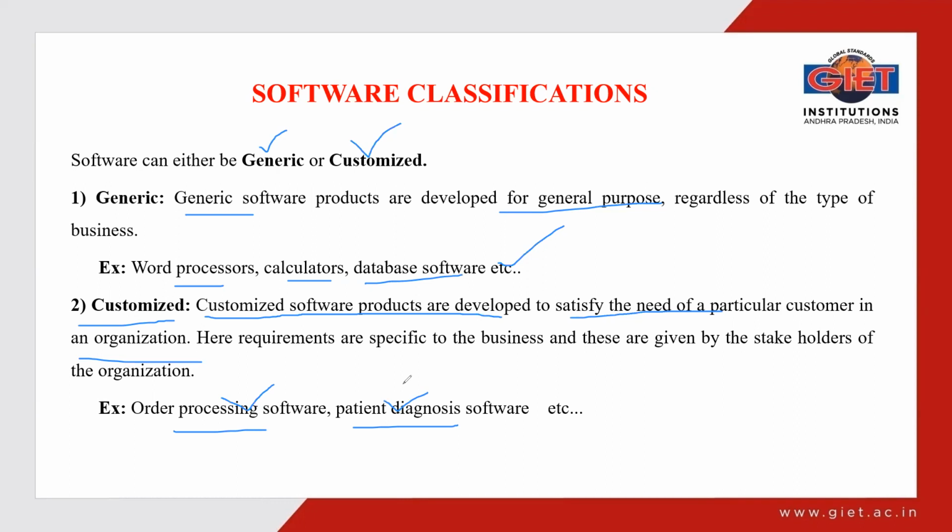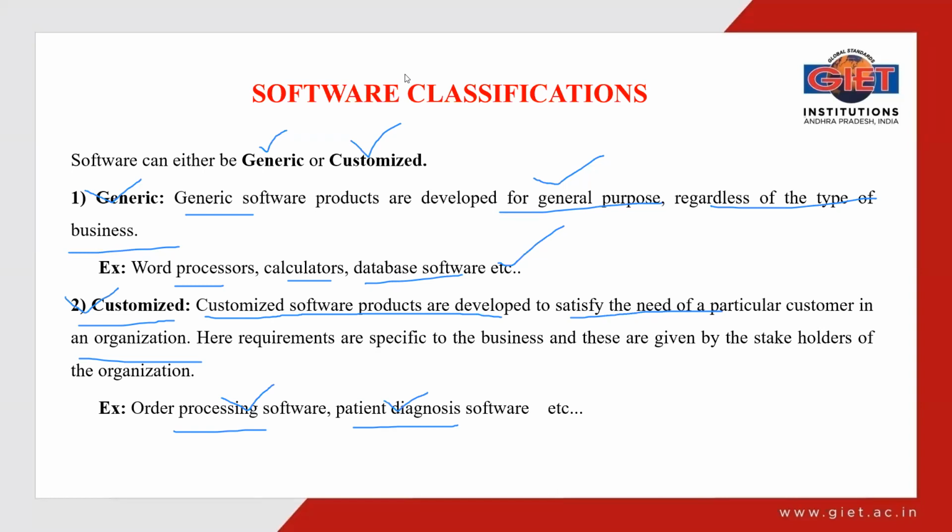It is customized software prepared for a particular organization. Whereas generic software is used for general purpose, regardless of the type of business. Everyone can use it. Mainly the generic software is for public purpose and customized software is for organizational purpose.